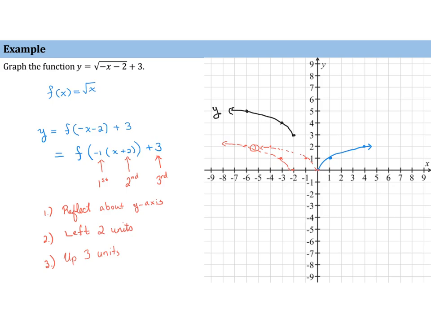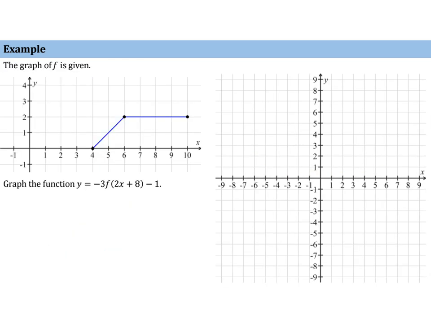Notice here, in this example, we have the graph of a function given to us. This is not a parent function that we know, but we can still transform it using the same procedures as before. So let's go ahead and rewrite y. Why do we have to rewrite it?